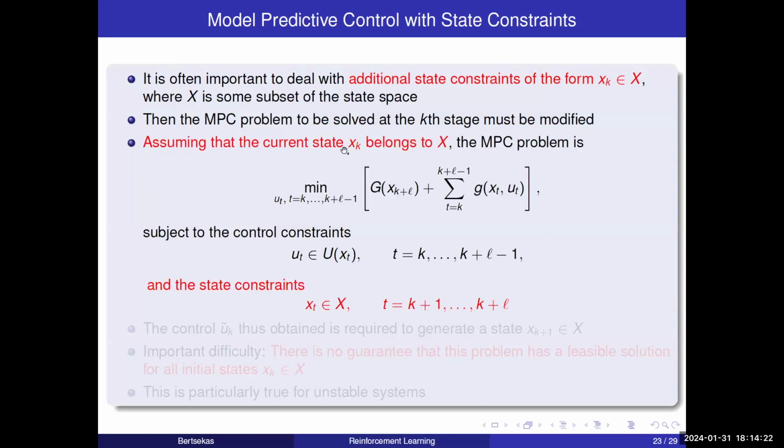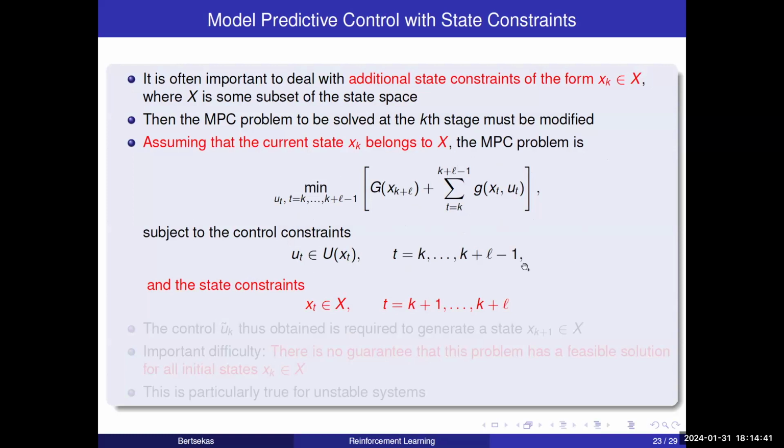So assuming that the current state satisfies the state constraint, the MPC problem minimizes the sum of the terminal cost and the cost over the L steps of the look ahead, subject to the control constraints and the additional state constraints.